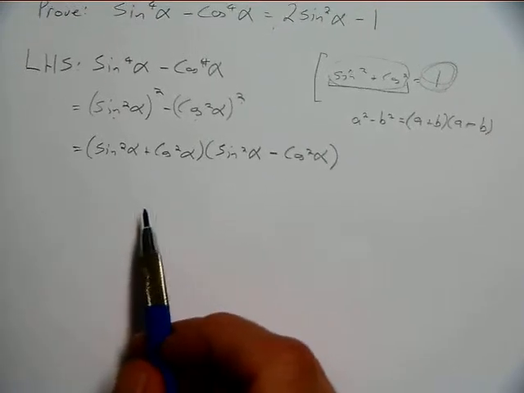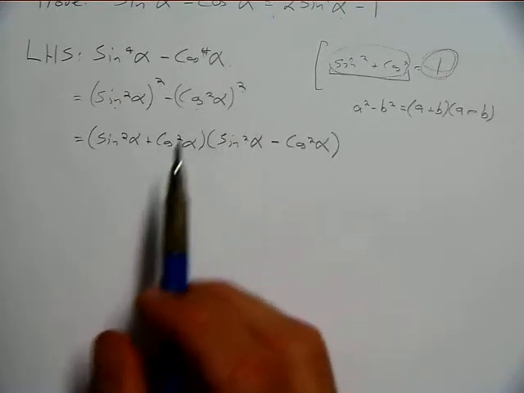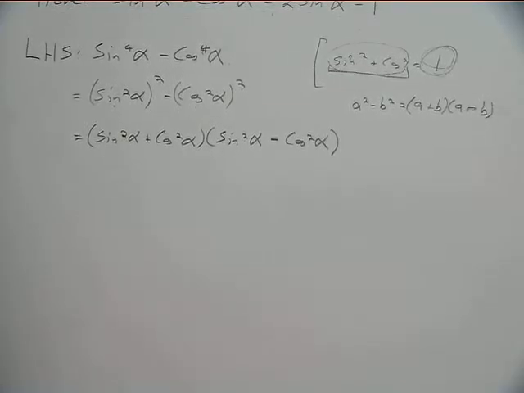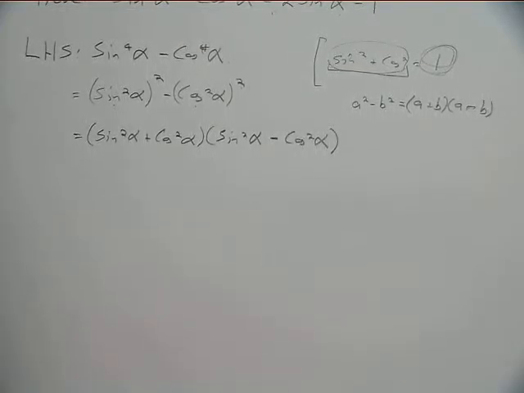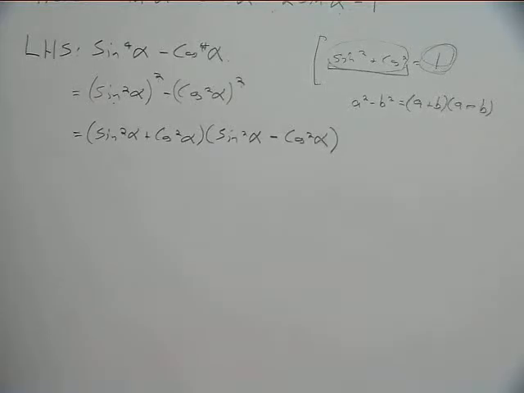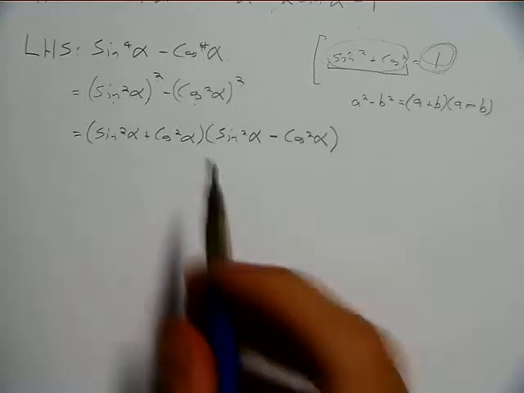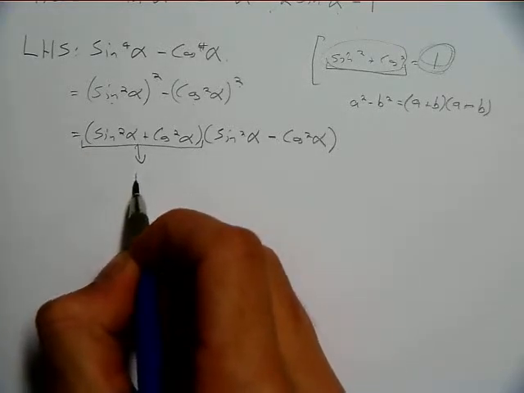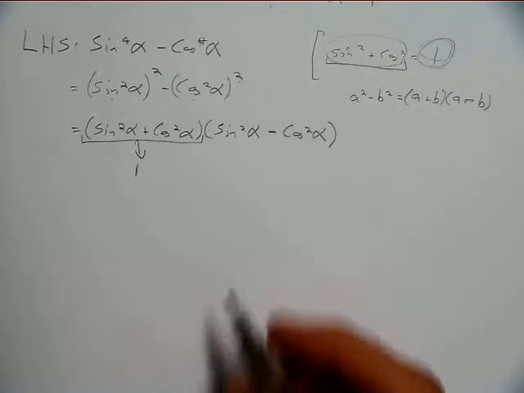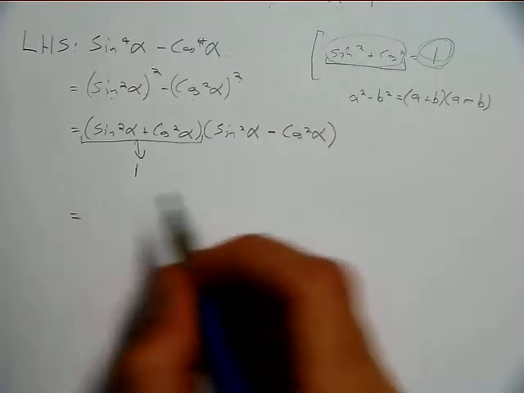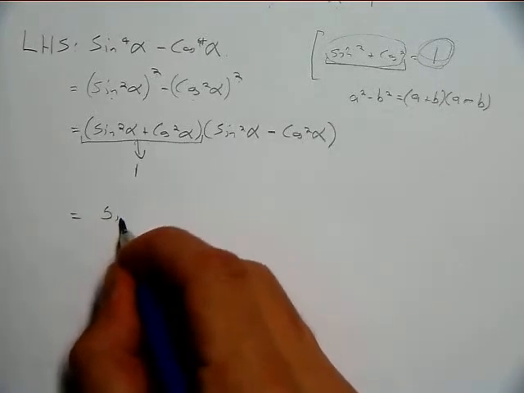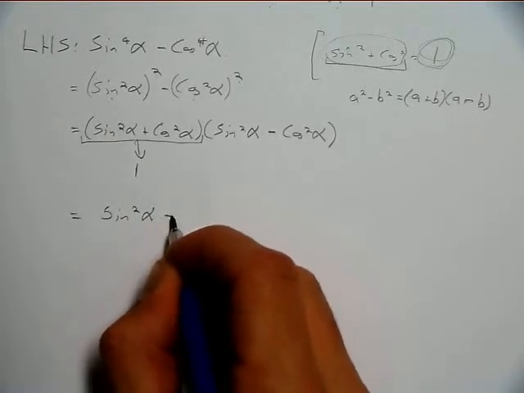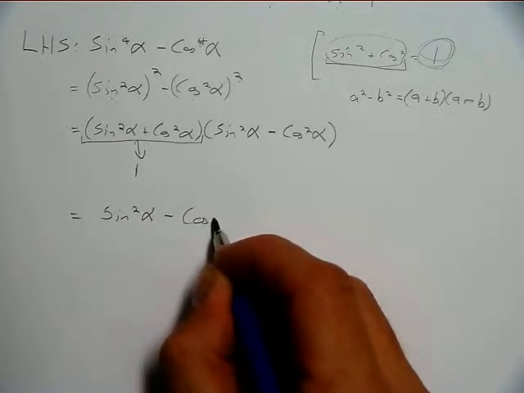Now that sort of helped a little bit. Why has that helped, actually? I'll throw that question out there. Why is that an improvement on what we had? Yep. That's right, this part here, that's equal to 1. So really I have sine squared alpha take cos squared alpha.